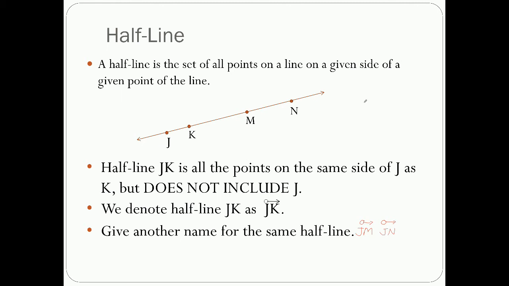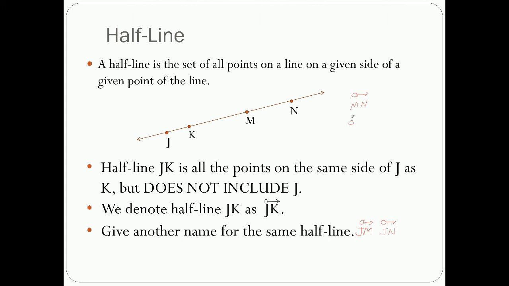I'm going to write a couple other things up here. There's other half lines here. We have half line MN. I'm not going to write all of them, but MN is another half line here, just so you get the idea. Our starting point is M, and then we want all points on the same side of M as N, so we want everything over here.